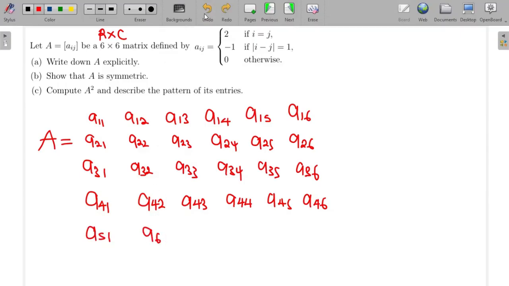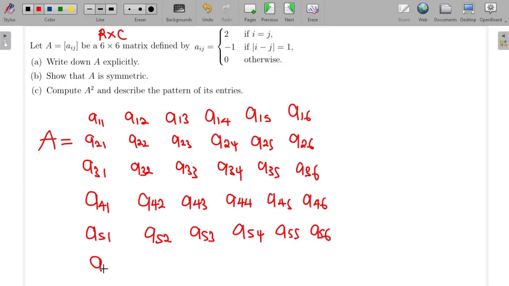I go to my fifth row to be A51, A52, A53, and then A54, and then A55, and then A56. So I'm just remaining with the last row, which is the sixth row.